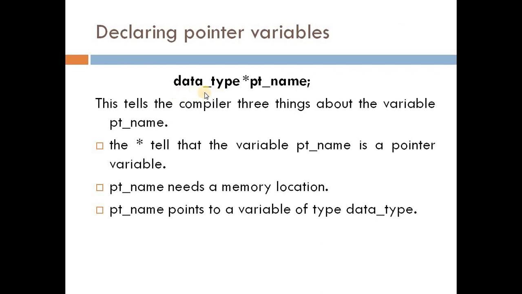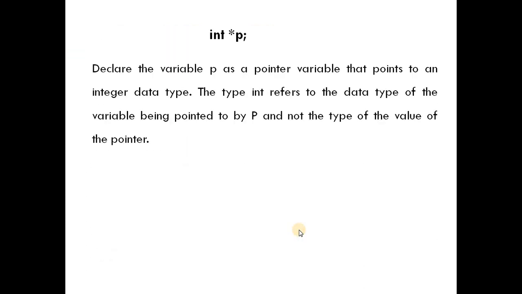Remember that this data type which we mention in this syntax is not the data type of this pointer variable, but it is the data type of the variable to which this pointer will point. We'll take an example.